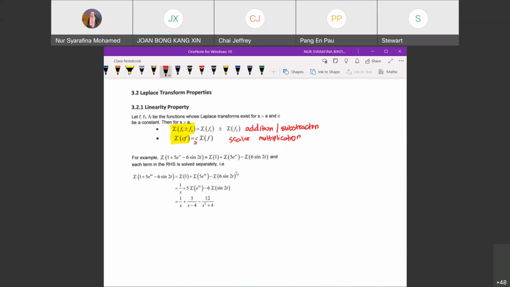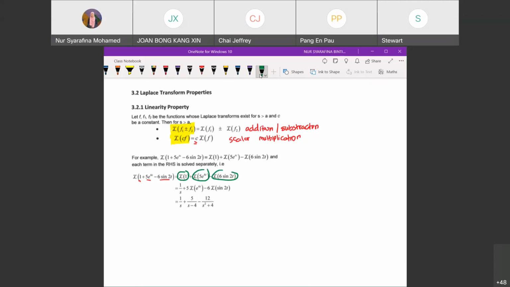We have the Laplace transform of 1 plus 5 exponent 4t minus 6 sine 2t. By linearity, you can divide it into one-by-one transformations: transforming 1, plus transforming 5 exponent 4t, minus transforming 6 sine 2t.